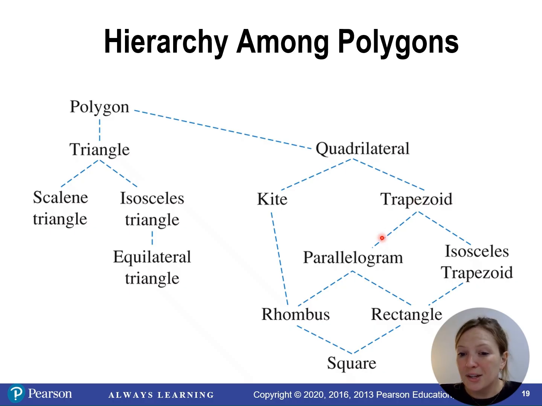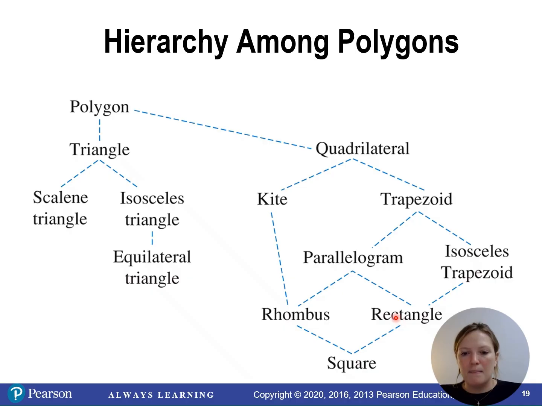If the other pair of sides is also parallel, we get a parallelogram. So a parallelogram is just an extra special trapezoid. All parallelograms are trapezoids. And isosceles trapezoids are where two adjacent angles are congruent. So all isosceles trapezoids are trapezoids, and all trapezoids are quadrilaterals.